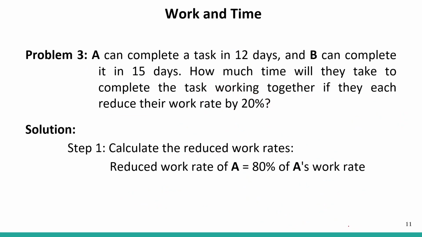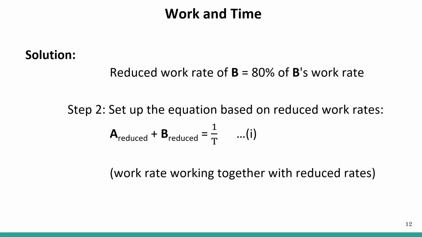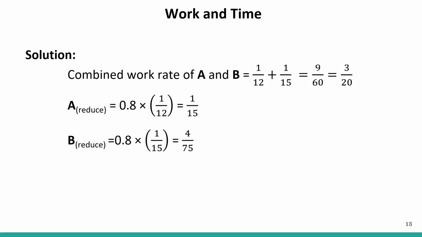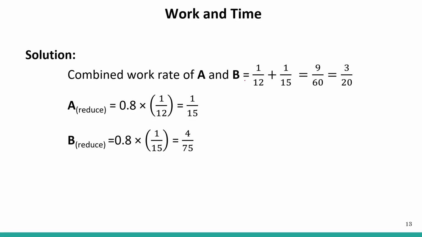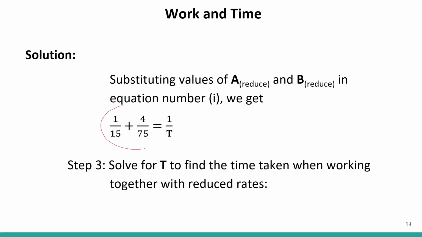So how many days will it take for both of them to complete the task? A reduced plus B reduced is equal to 1 by T. A reduced is 1 by 15 and B reduced is 4 by 75, as we have evaluated here. So 1 by 15 plus 4 by 75 becomes 1 by T.